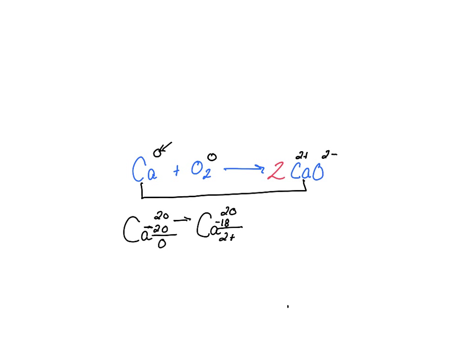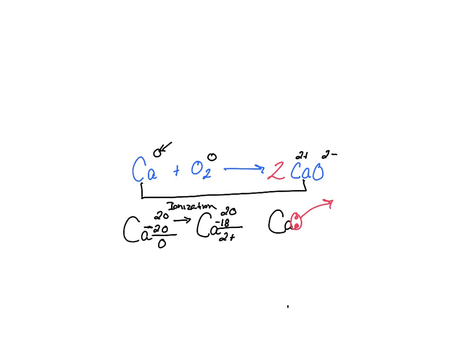This process is what we call ionization. This calcium gave up 2 of its electrons, its 2 valence electrons. It took those 2, gave them away.